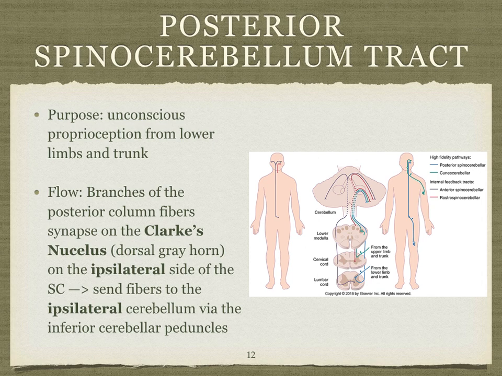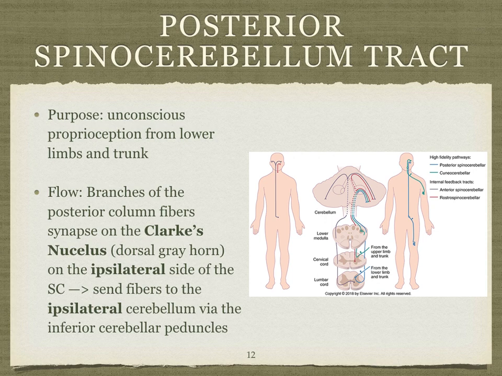So we're going to be getting sensory information up through our inferior cerebellar peduncle. When we go through that peduncle, we're getting information about our sensations to the cerebellum. Okay?